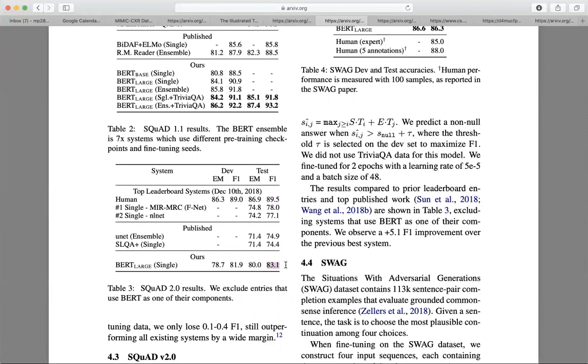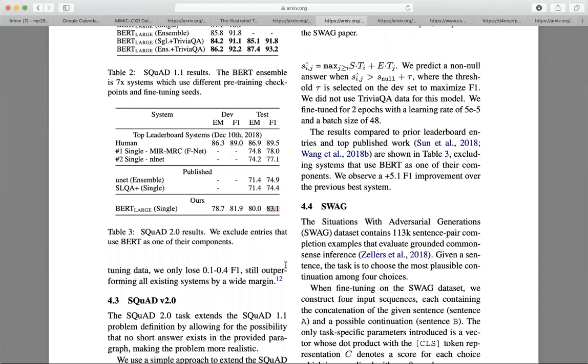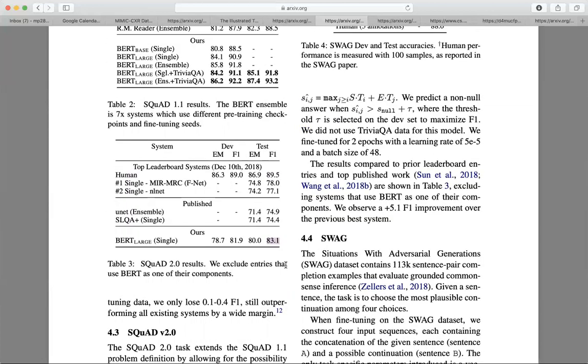Clearly better than chimpanzees, because chimpanzees can't speak. Probably a lot better than children, because when they were evaluating human performance on SQuAD, they probably recruited at least adolescents or adults. So I would say BERT large at 83.1% is way better than 5-year-olds or 6-year-olds.